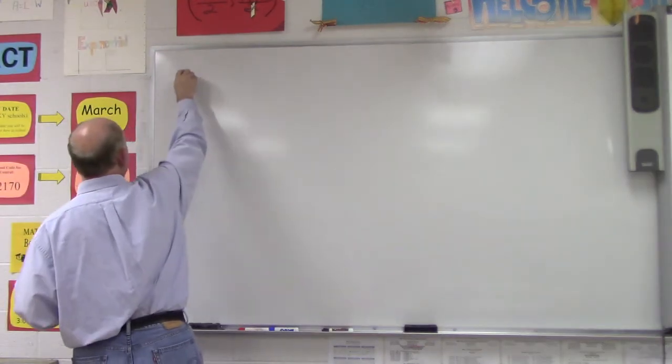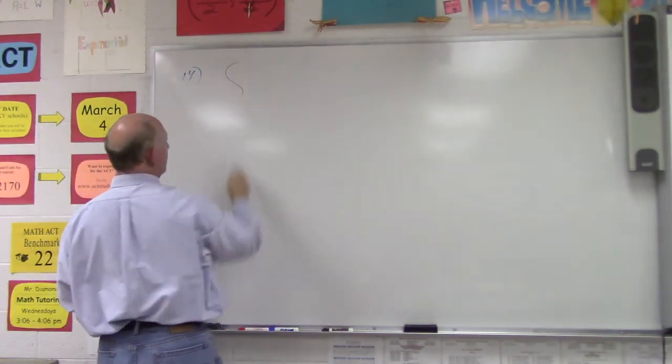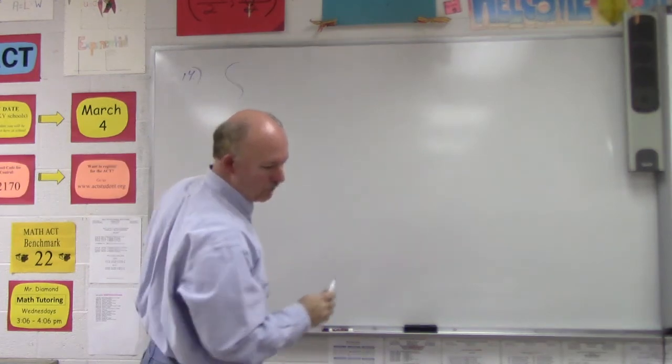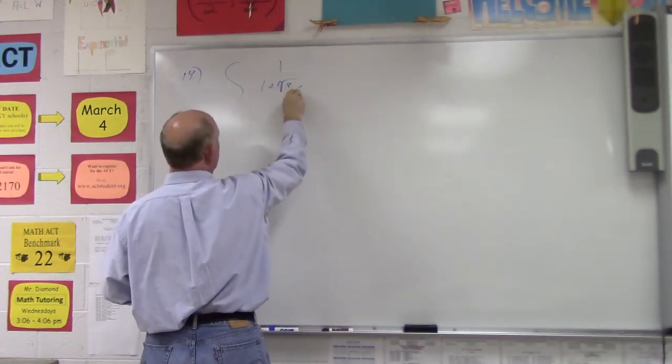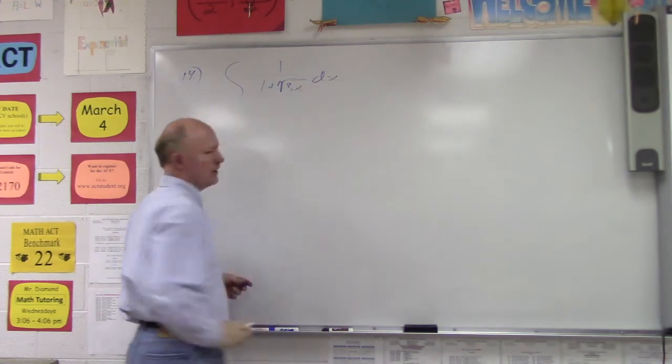With my students, when they get their homework assignment later on, they'll be seeing this type of problem, and these are the most difficult to do with u substitution. So this will be number 14. Let's do the integral of 1 over 1 plus the square root of 3x, dx. Let's try this problem here.